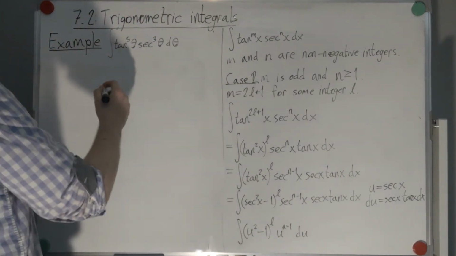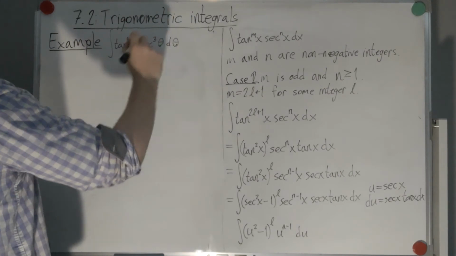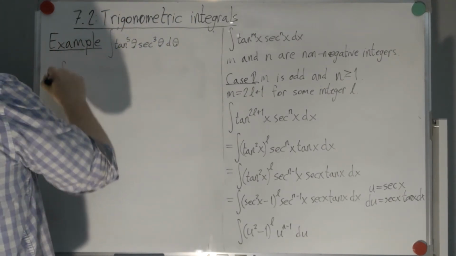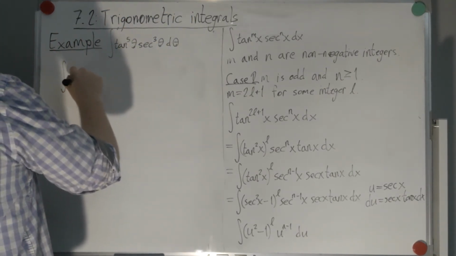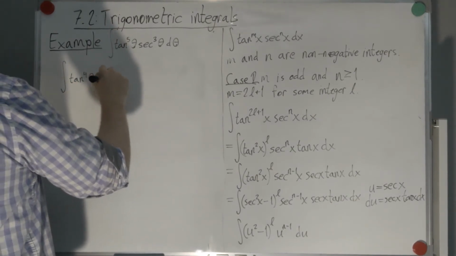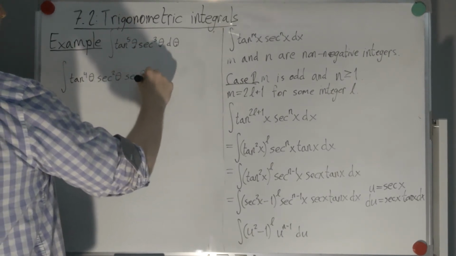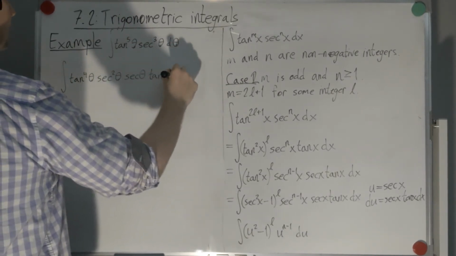So what we'll do is we'll take out 1 power of tangent and 1 power of secant. So what we'll get here is tangent to the fourth theta times secant squared theta times secant theta times tangent theta d theta.